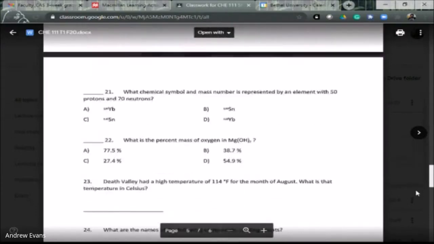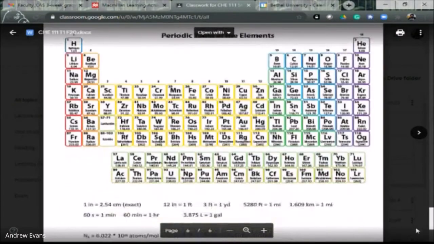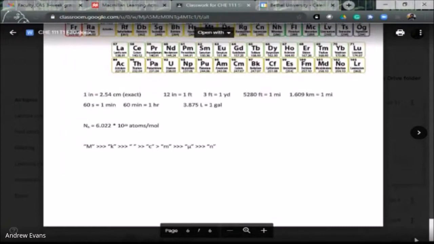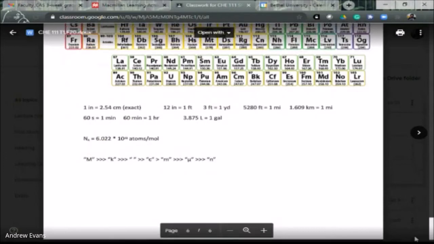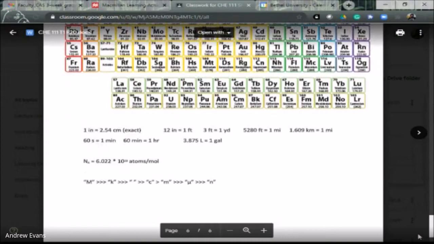You notice I'm going to reuse this useful information down here on the take-home test, though technically, since this test is posted online, you have access to this. You don't need me to give you this because you already have it. But inches to centimeters, feet to inches, feet to yards, feet to miles, kilometers to miles.